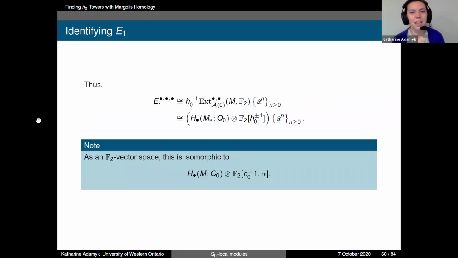Okay, so this identifies the E1 page. I've got the Q naught Margolis homology of M dual. I've got an h naught tower on that, and then that repeats every 4 degrees via this class A. As an F2 vector space, this is isomorphic to this tensor product with the polynomial algebra we wanted. I just wasn't able to get the multiplicative structure of A.